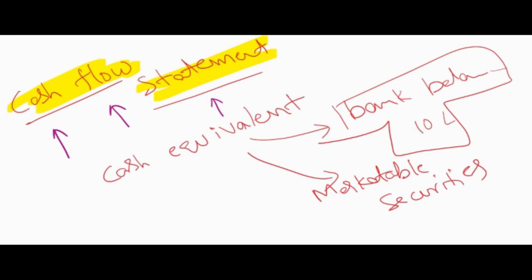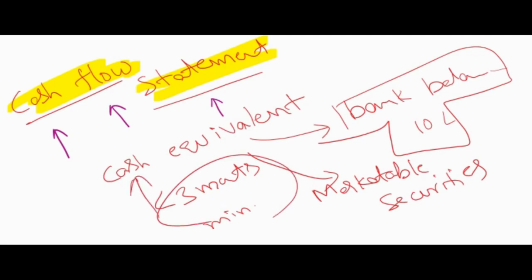So investments which can be easily converted into cash, having a maturity period of less than 3 months and subject to minimal changes in value, can be considered cash equivalents.